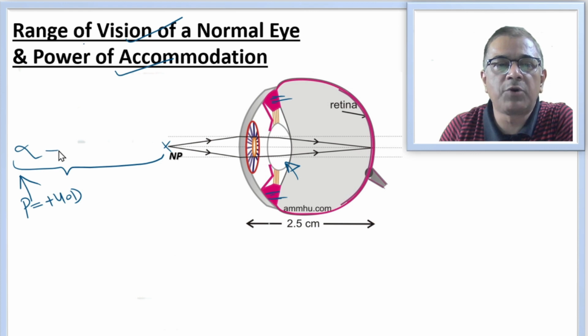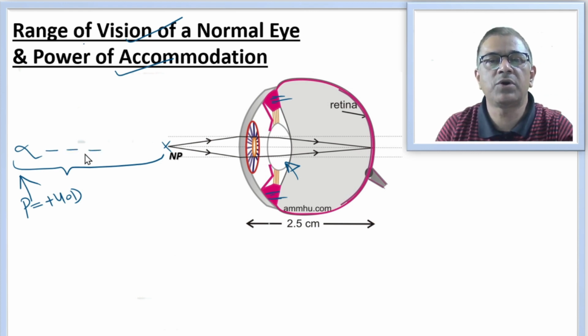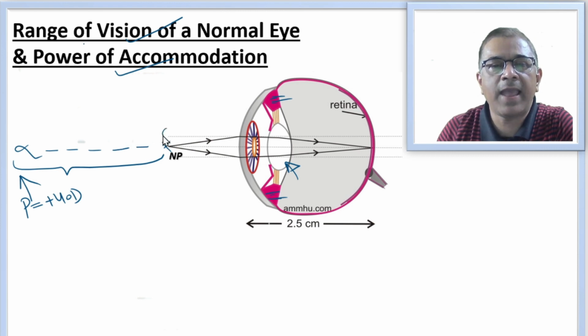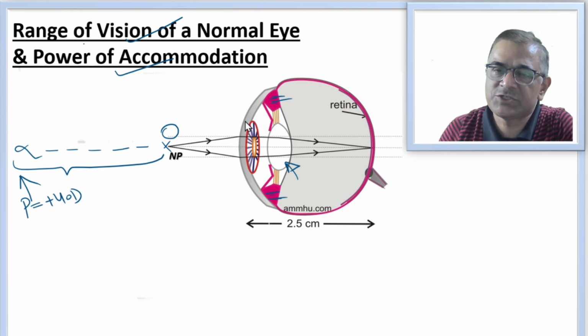When the object is brought closer, ciliary muscles keep contracting just to ensure that the image is always formed at the retina. When the object is brought to the near point, the ciliary muscles are in the most strained state and are optimally contracted.